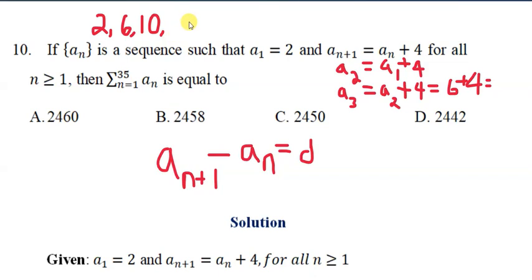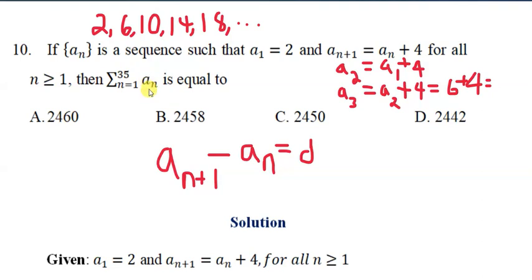The fourth term is obtained by adding 4 to the third term, and therefore it becomes 14, and the next term is 18, and so on. This sequence is an arithmetic sequence, based on these recursively formulated formulas.